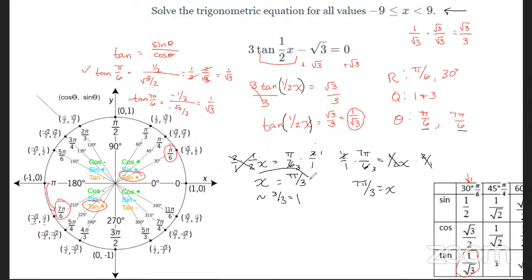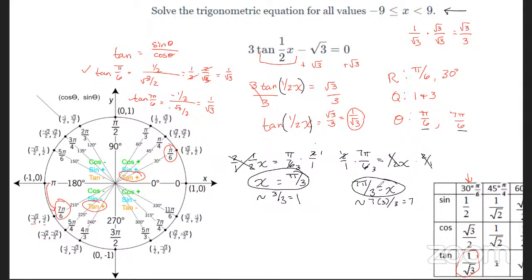It is. So that is one of our answers. Okay, now let's look at this one. Let's estimate 7 times 3 divided by 3. It should be 7, and it is. So it's an estimate of 7 times 3 divided by 3 equals 7. And is that between -9 and +9? It is.